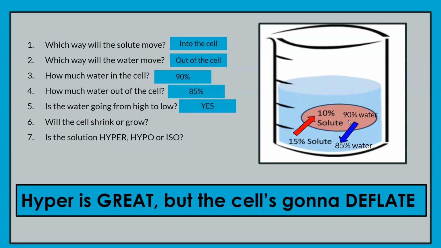Well, if you have a balloon filled with water and water is leaving it, maybe it has a hole or something, your balloon would shrink. So this cell, because it's losing water, is going to shrink.